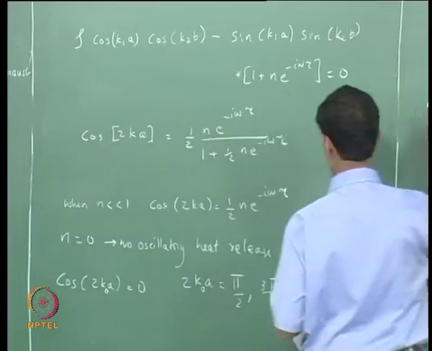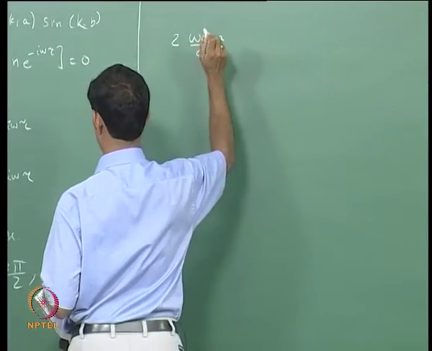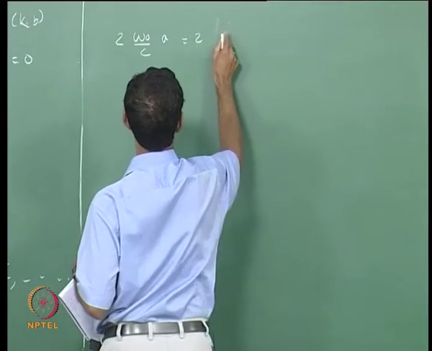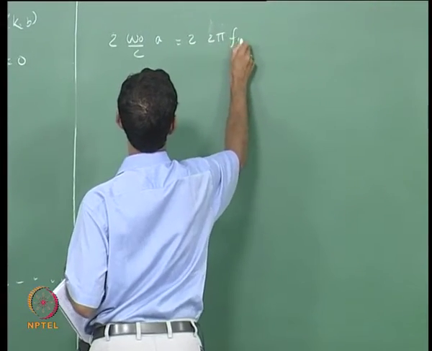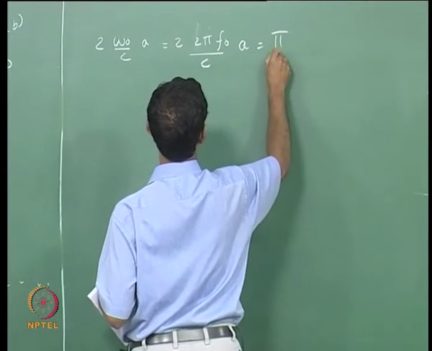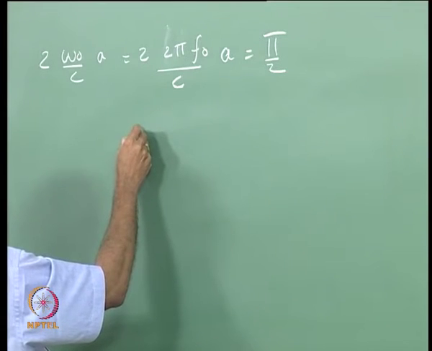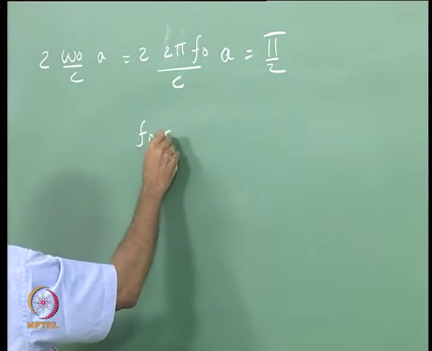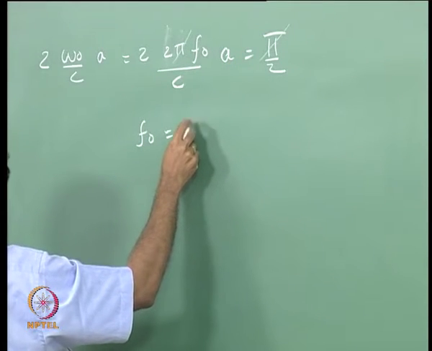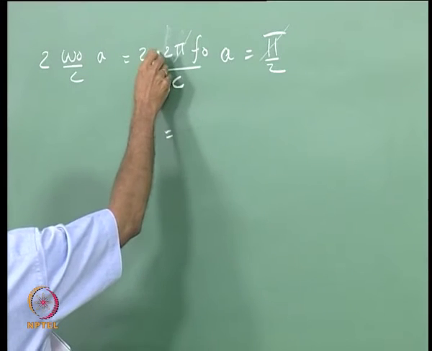So 2 times omega naught over c a, which is 2 f naught over c into a, equal to pi over 2, which will mean f naught equal to, let us cancel the pi's, this is 4.